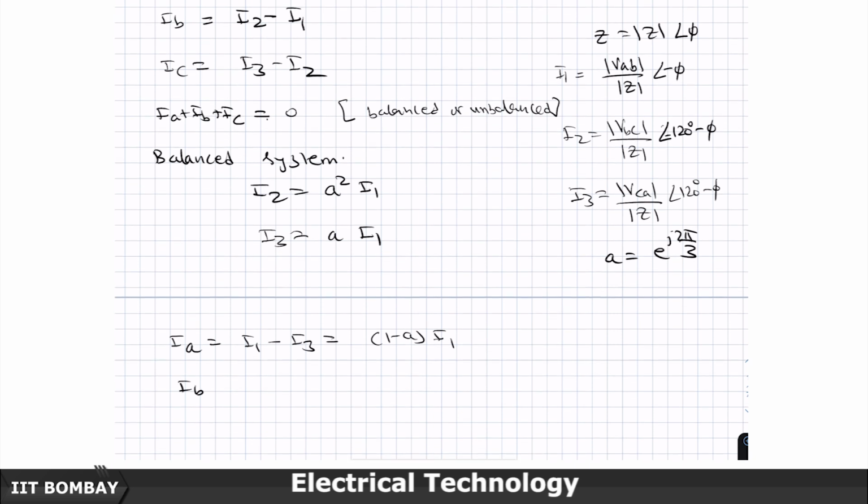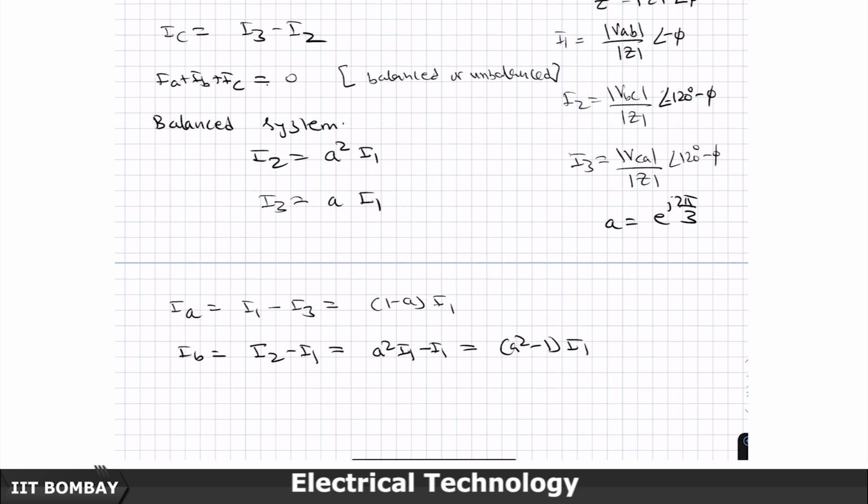I_B is equal to I_2 minus I_1, but I_2 is a² I_1, so therefore (a² − 1) times I_1. And I_C is equal to I_3 minus I_2. So, I_3 is a times I_1 and I_2 is a² times I_1. So, therefore, (a − a²) times I_1.